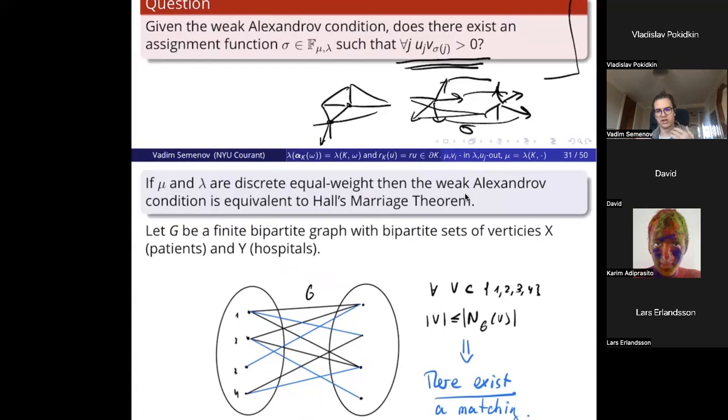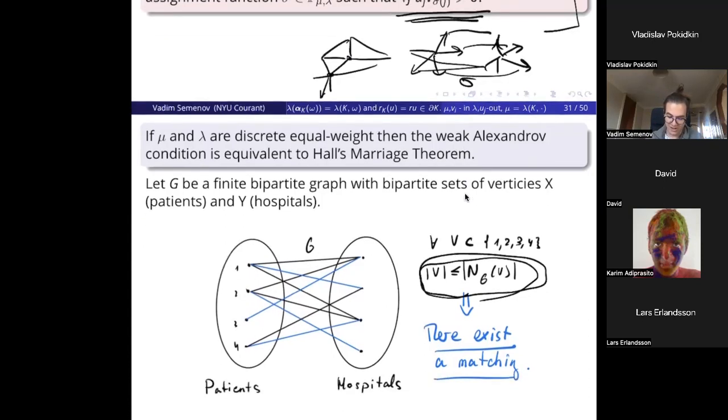And the weak Aleksandrov condition is exactly the relation here, that your vertices neighbor more than themselves. If this is your omega in the weak Aleksandrov condition, then this is your omega pi over 2. So there should be more vectors in omega pi over 2.